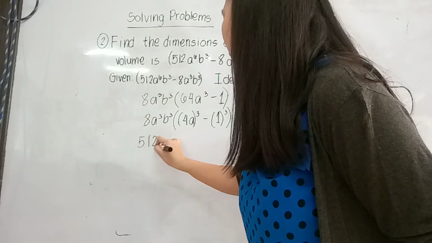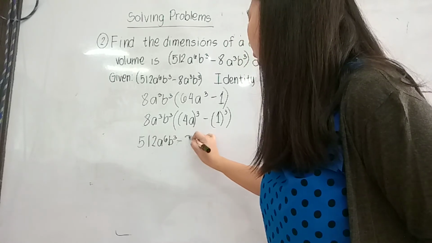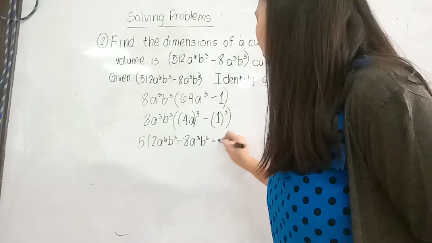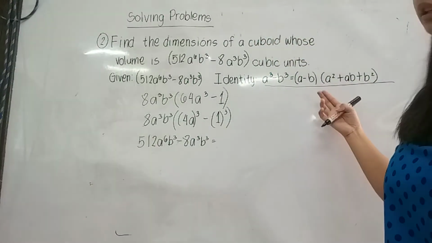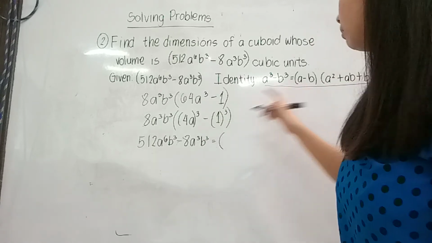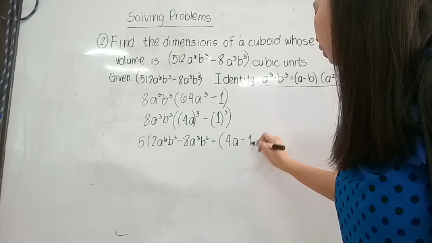512 a raised to 6 b cubed minus 8 a cubed b cubed. And then, sundin na natin si ating identity. Ang a minus b is magiging 4a minus 1.